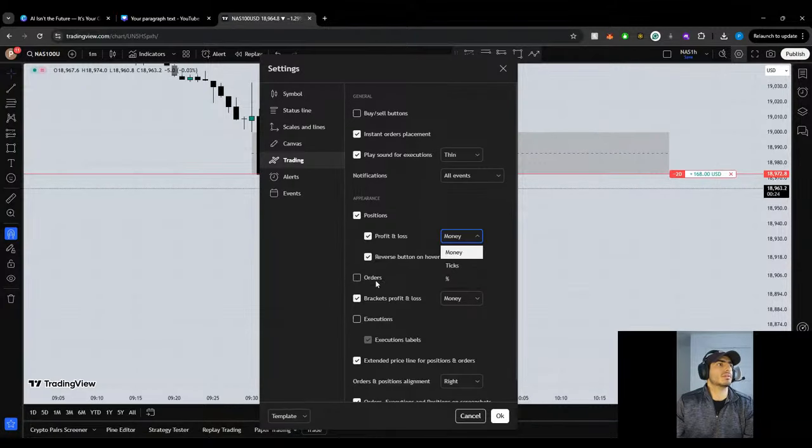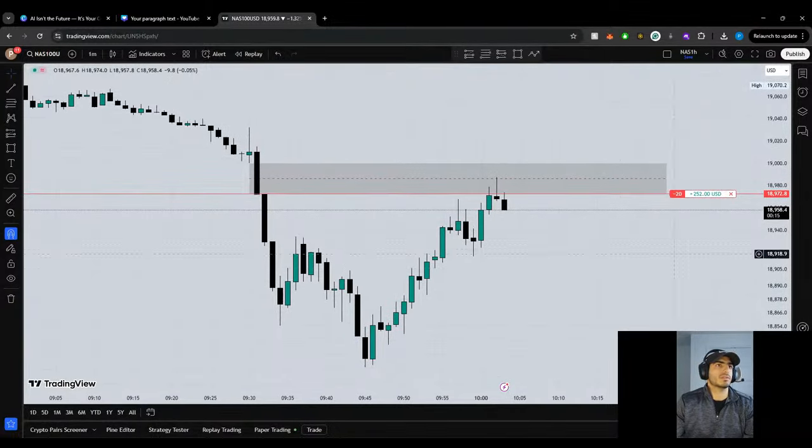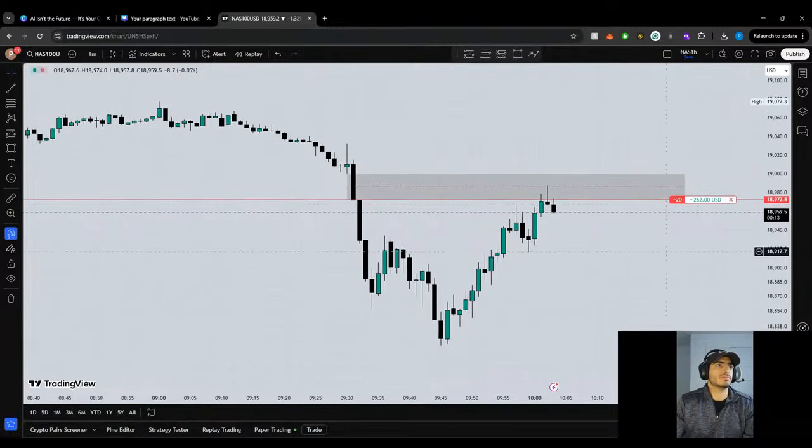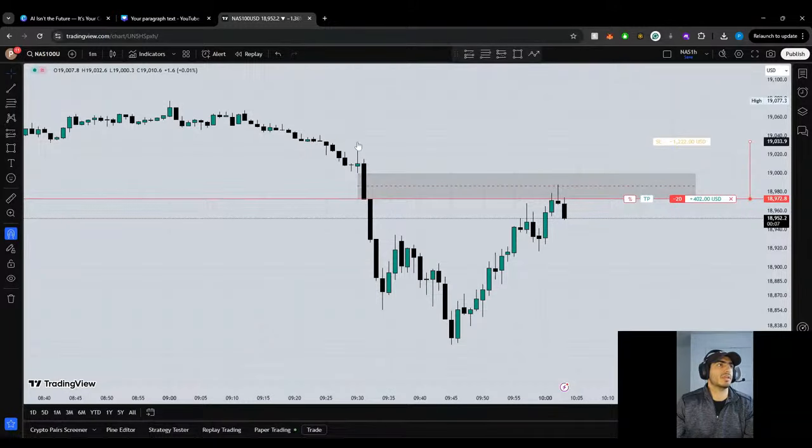Okay, and orders. Okay. So this is one standard lot. Stop loss. I like to put my stop loss at the beginning, at the first candle that starts it.